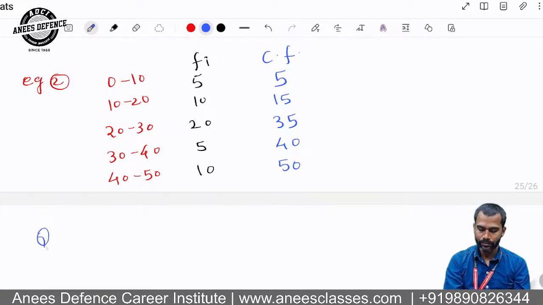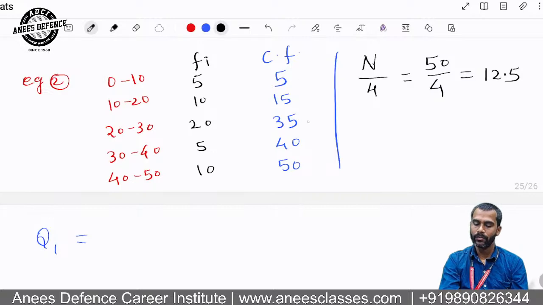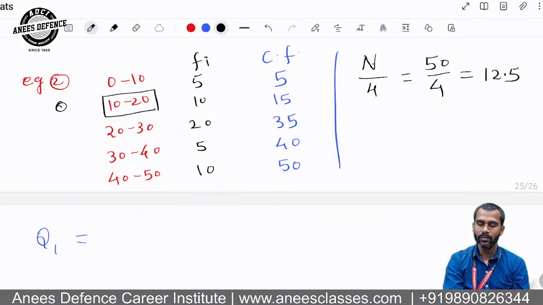For Q1, first of all we have to find out n by 4. That is 50 by 4, which is 12.5. See where 12.5 lies in the cumulative frequency column. So this is your class for Q1.